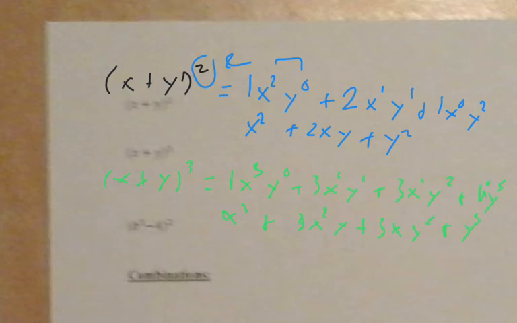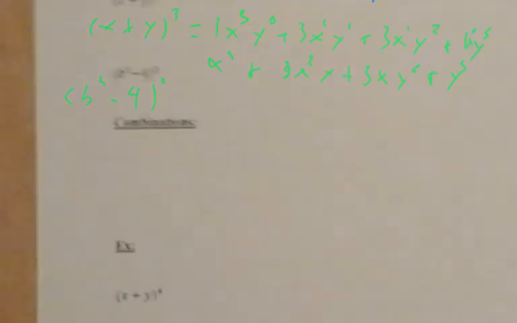But now when we have something like this one, b cubed minus 4 squared, we're going to use combinations for this one. So let's go down to combinations, and I'll show you what that's about.